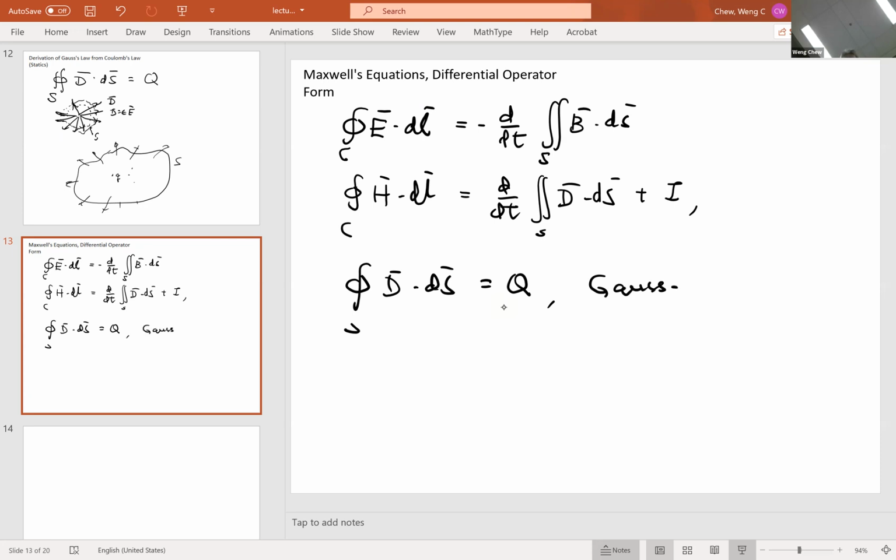I would call it Gauss-Coulomb because the two are very similar. And then I would have truly Gauss's law.